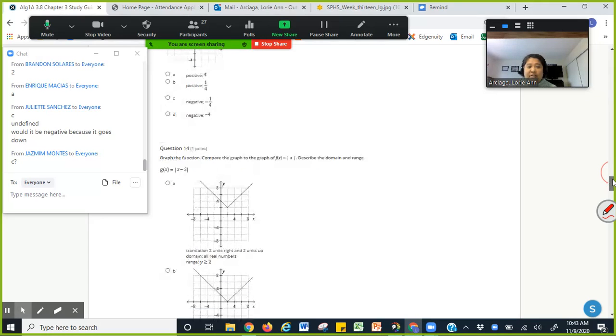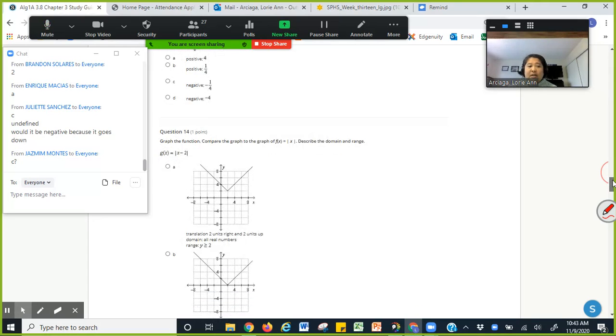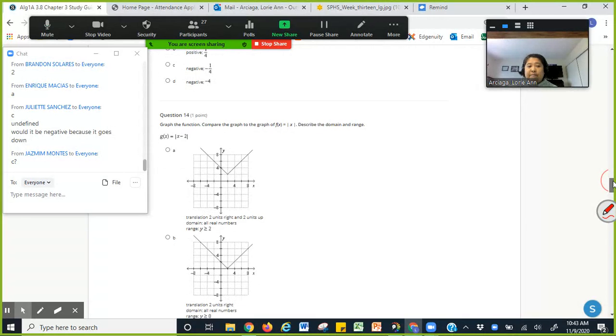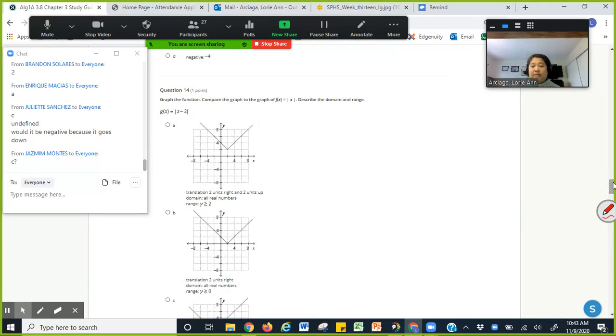Number 14. Oh, remember this when we graphed it? Graph the function and compare the graph to the graph of f of x equals the absolute value of x. Describe the domain and range. I think this was the part that we skipped last time.